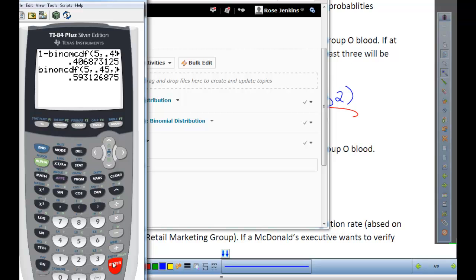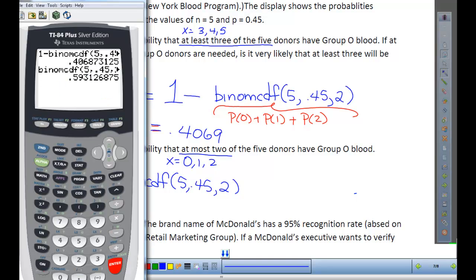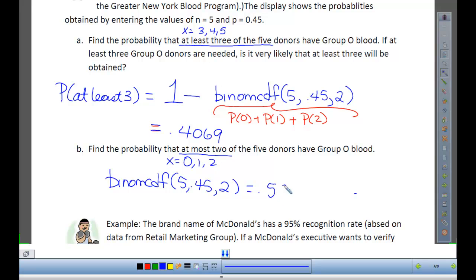Would it be... we could have, you mean use the previous answer to get back to that? Yes. However, I wanted you to think from the beginning because you wouldn't have those steps on the test. So we just kind of went back and did it that way. What number did we come up with? 0.5931. Okay? Questions about that?